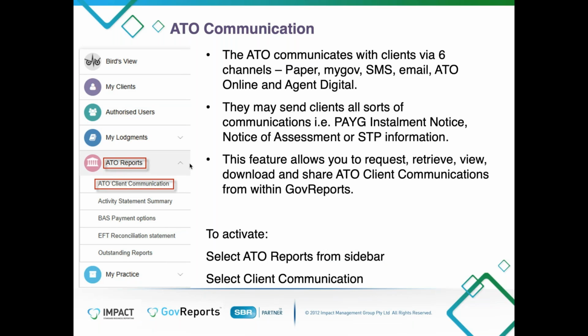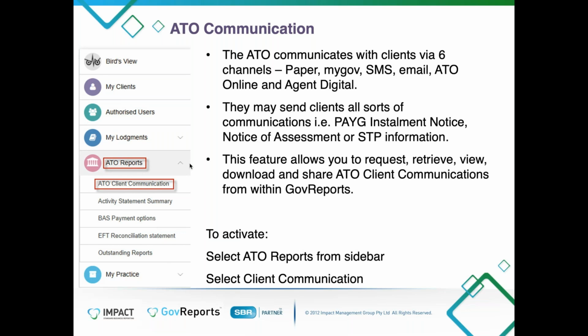They also send PAYG installment notices, notices of assessment, STP information. So this client communication allows you to request, retrieve, view, download, and share all that communication from within GovReports.